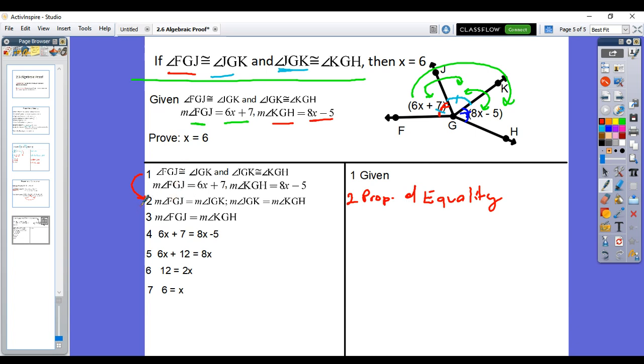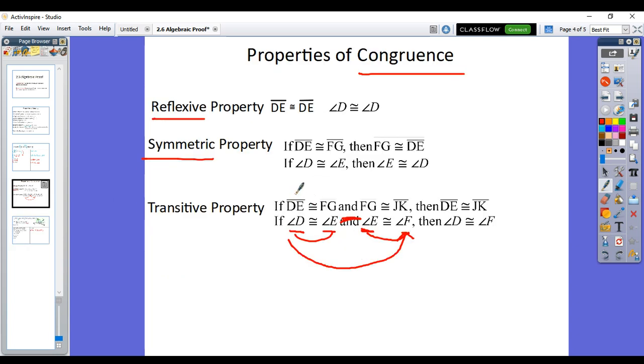Now, from 2 to 3, we went from FGJ equal to JGK, and then we said JGK equal to KGH. So what's gone? We got rid of this. We said that this first one is equal to this last one. That is our transitive property, as we saw earlier right here. Anytime that happens, where the first thing is ultimately equal to the last thing, that's our transitive property.